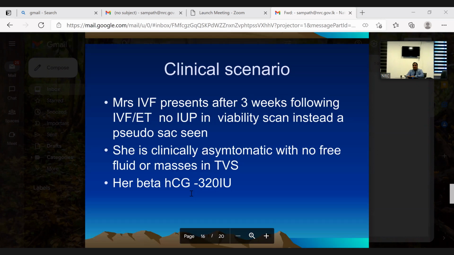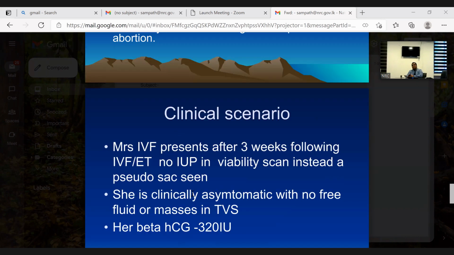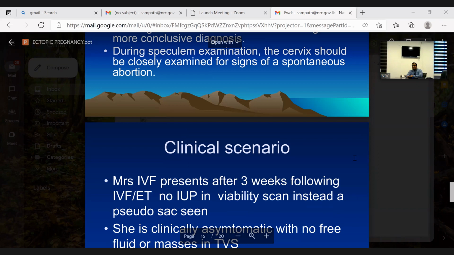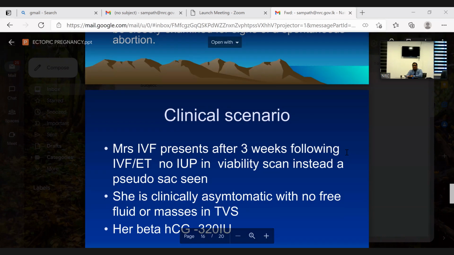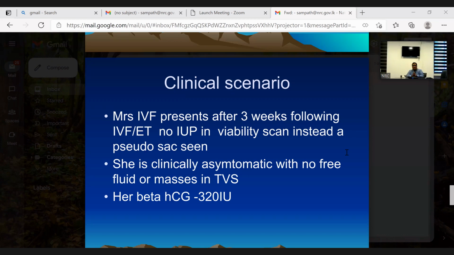Now, I will discuss the management in the form of clinical scenarios. Otherwise, if I just tell you these are the ways, nothing will go into your head. So if you have fallen asleep up to now, please wake up and at least listen to these three scenarios, which will give you a comprehensive touch on how we manage an ectopic pregnancy.